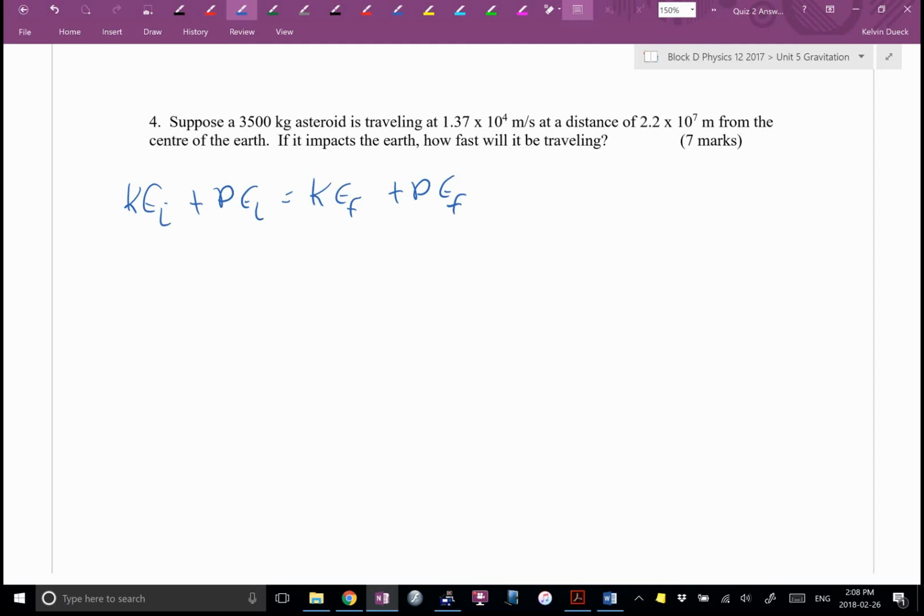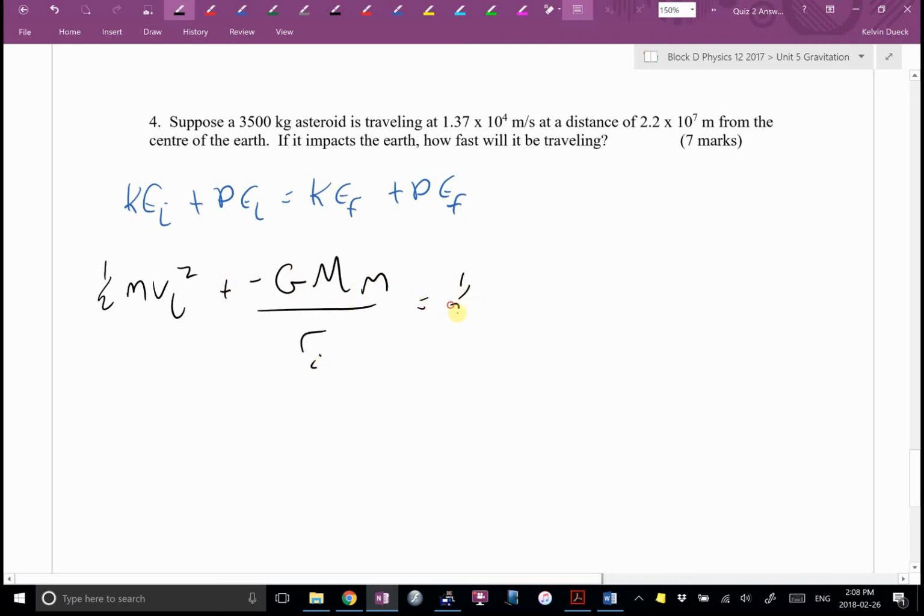Okay. So this is going to be half m v initial squared plus negative big G big M little m over r initial. That equals a half m v final squared plus negative big G big M little m over r final. I'm going to move this to that side.